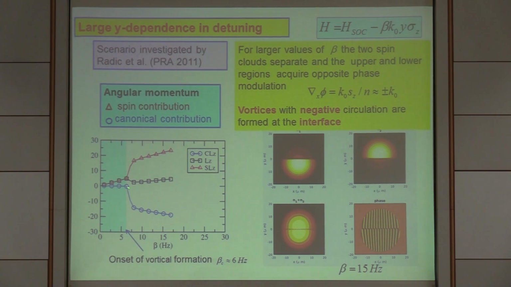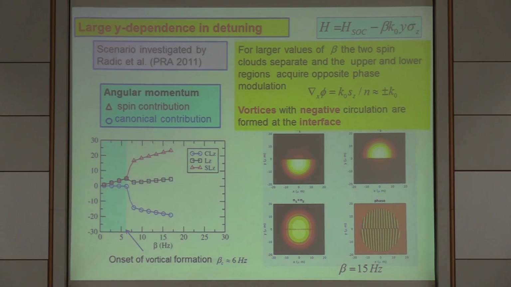And so you find that the canonical contribution to angular momentum, which is associated with the presence of vortices, is negative and reduces significantly the total angular momentum of the system. Our plan now is to investigate more how one can also experimentally point out this feature.